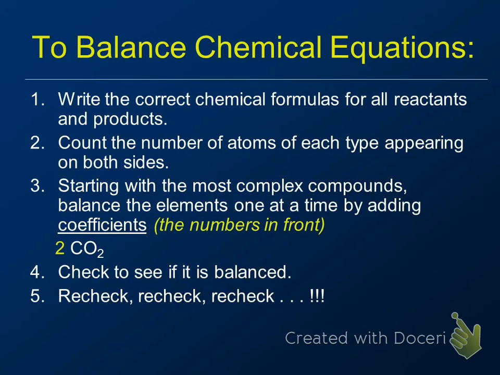So there's an example there, 2CO2. And that coefficient of 2 just shows us that we have 2 molecules of carbon dioxide. And those are the only things you will ever write when you're balancing an equation, are coefficients.